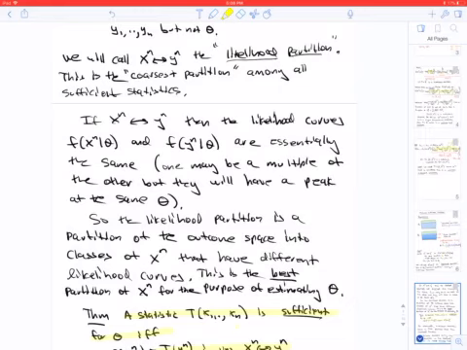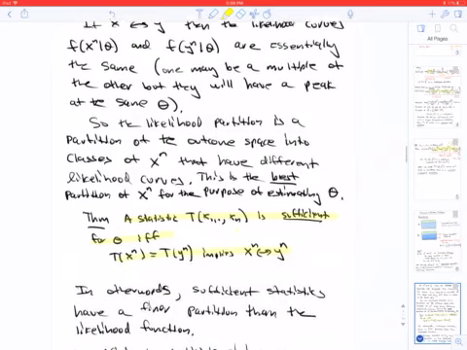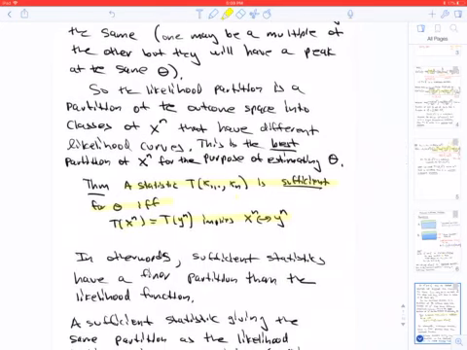They may just be multiples of one another by 5 or something. But for the purpose of estimating theta, they're going to have their peak at exactly the same theta values. So they're essentially the same. And so the likelihood partition is a partition of the outcome space into the classes of x1 to xn that have different likelihood curves. So this is the best partition for x1 to xn for the purpose of estimating theta.